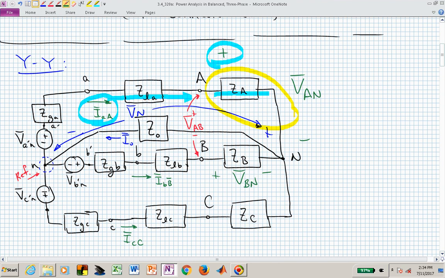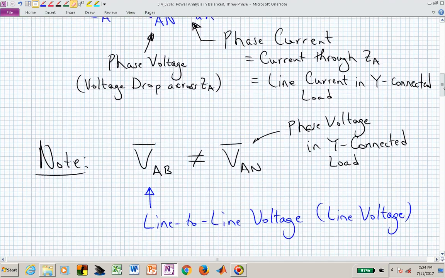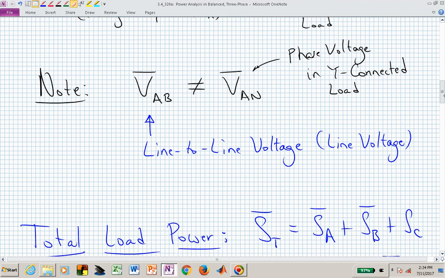The B phase would be utilizing the phase voltage of the B phase, V sub BN, and the phase current of the B phase, and likewise for the C phase, if you needed to calculate all of those. What rescues us maybe, if we were computing the total load power, that needs to incorporate all three phases.